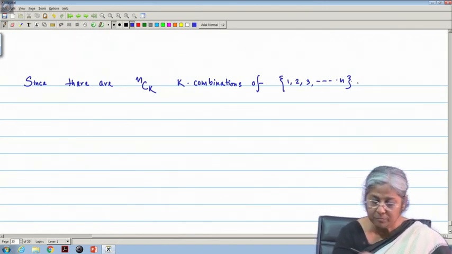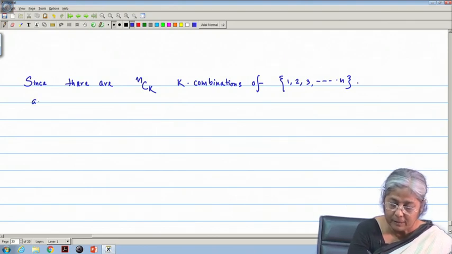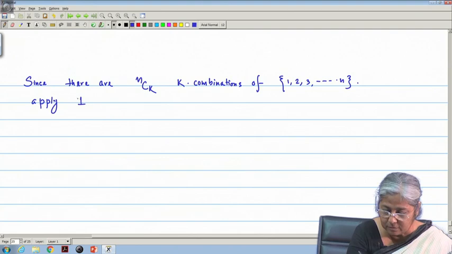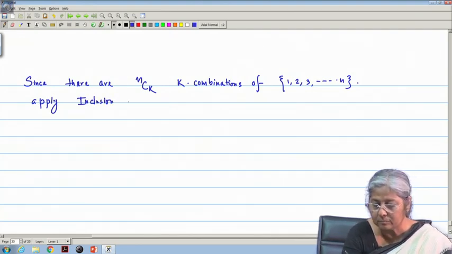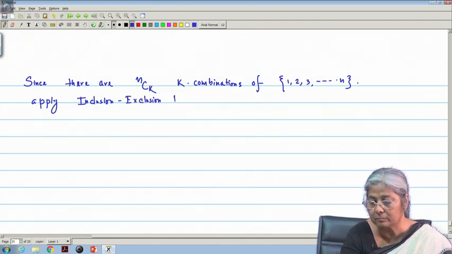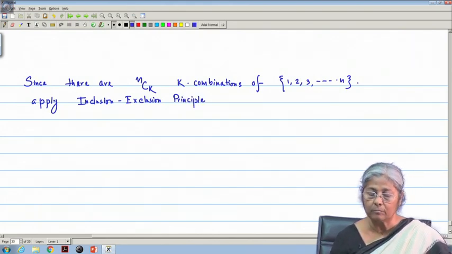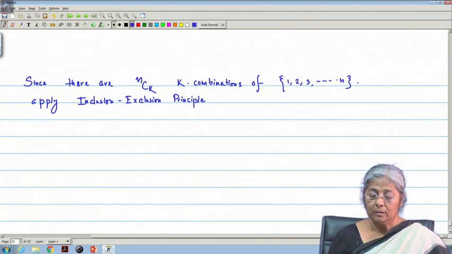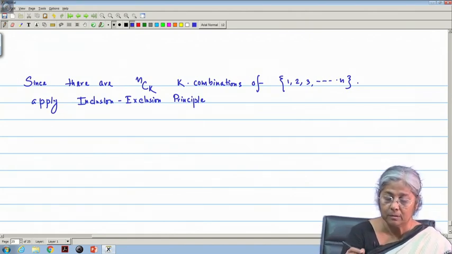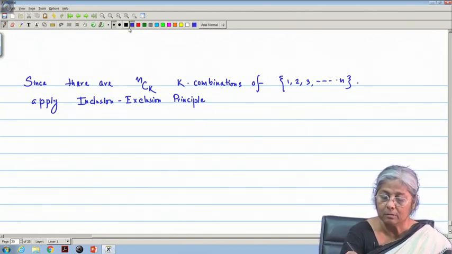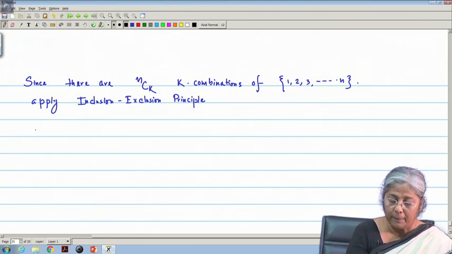So, now if we apply the inclusion exclusion principle, then how do we get it?